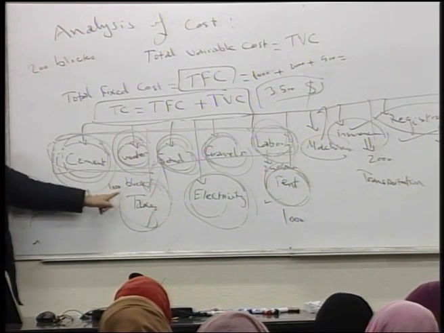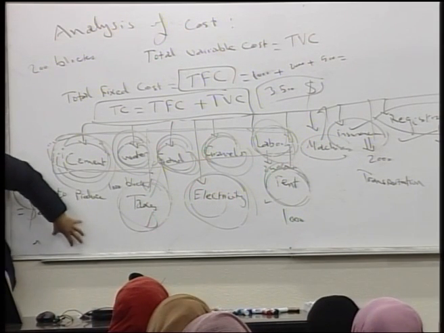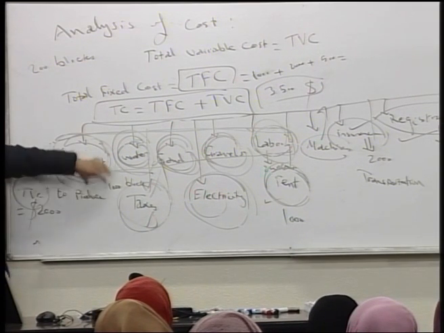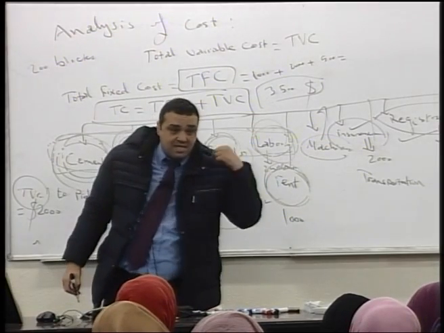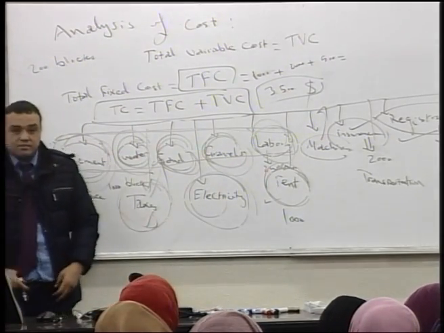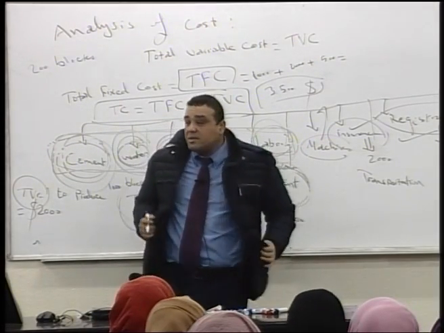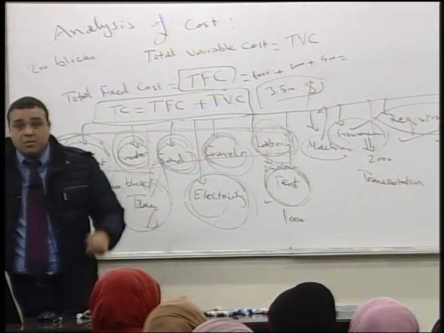But to produce 1,500 blocks, we need more. TVC will increase, right? We will check it in different examples now. But if we produce 0 units of blocks, do we need variable cost? No. Do we need cement?